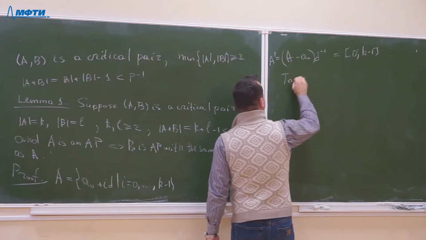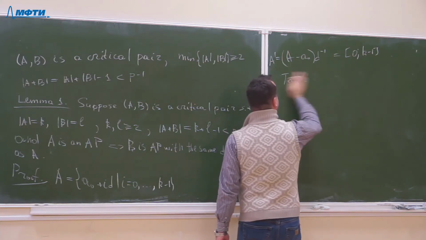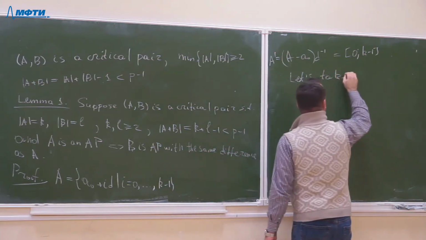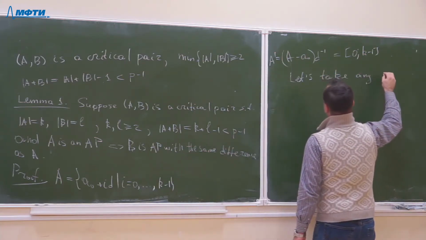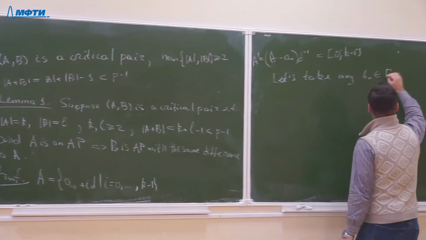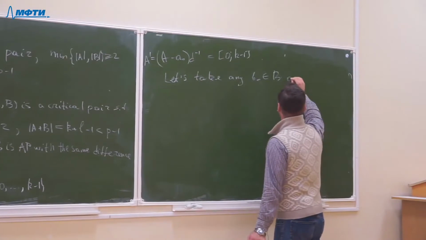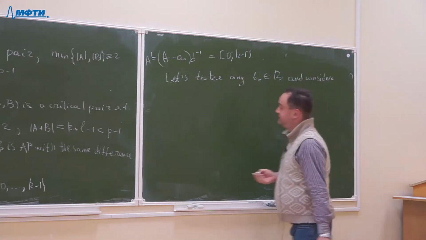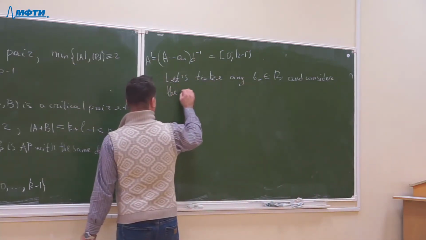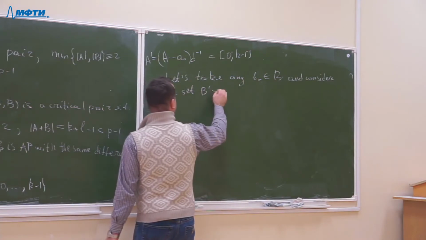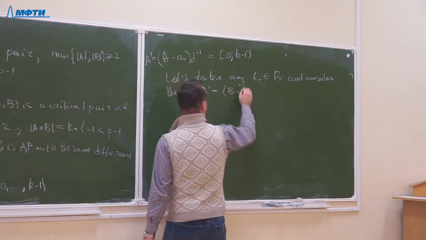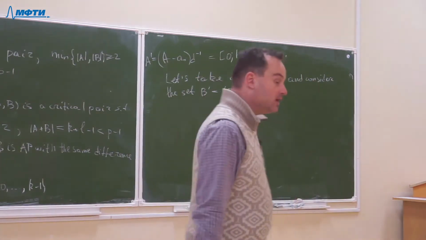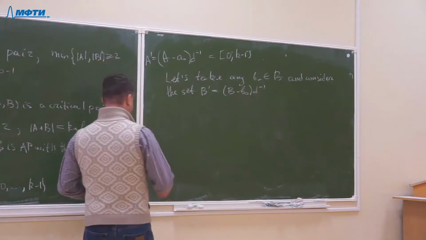Let's take any B0 from B and consider the set B prime, which is (B - B0) times d inverse. What do we know about these sets?